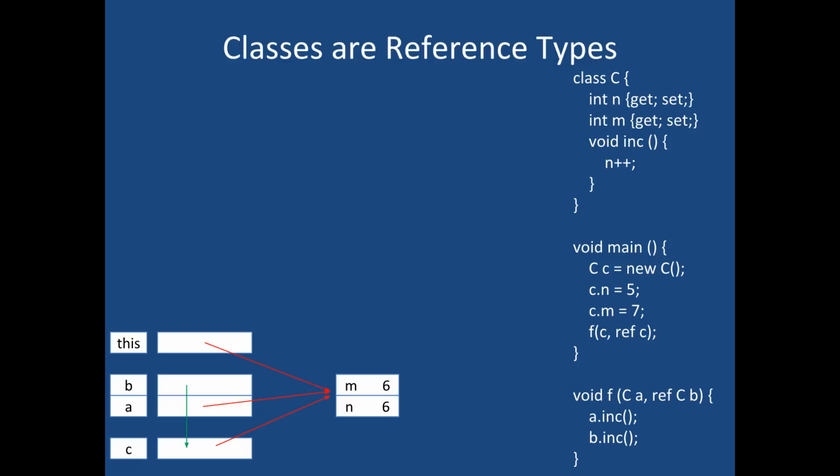Actually, I think that's going to return. Then we're going to call it again. What happens when we call b.inc at this point? It says, okay, I got to come down here, find a reference, and increment whatever it is I'm incrementing. So it happens by a different route. The first time it just went straight here and incremented n. The other time it came down here, then went there and incremented n.